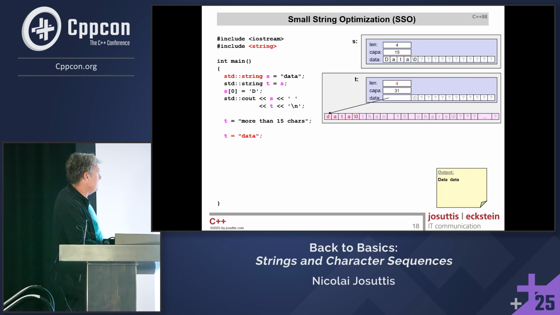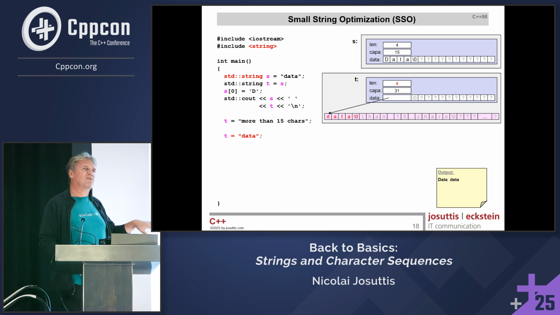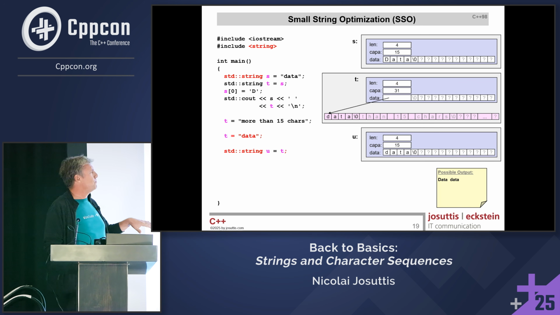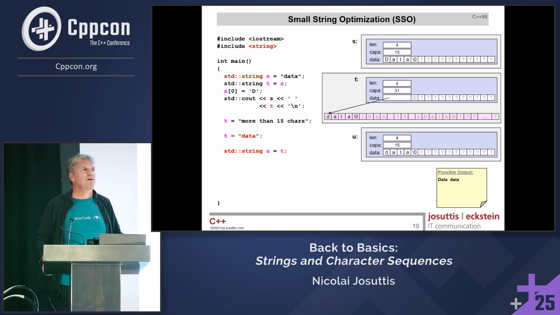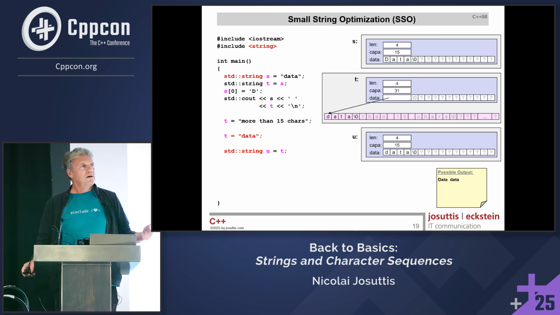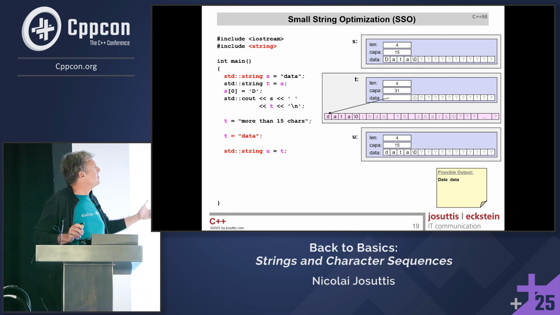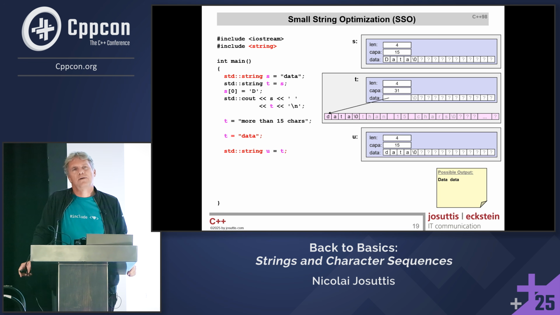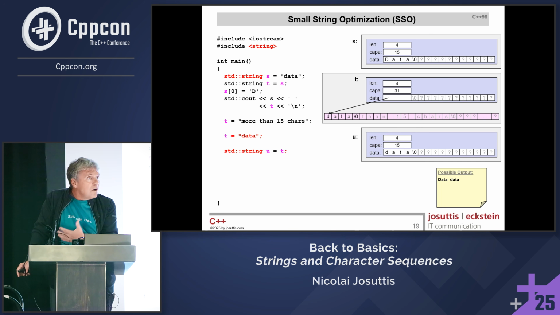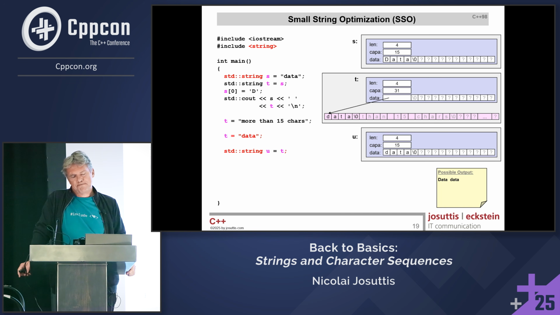Now, interestingly, let's copy T here. Let's create a copy of this string. That copy looks totally different. Because currently, we don't need memory just for historic reasons. T has memory allocated. And when we copy it, of course, we also do not need memory there.